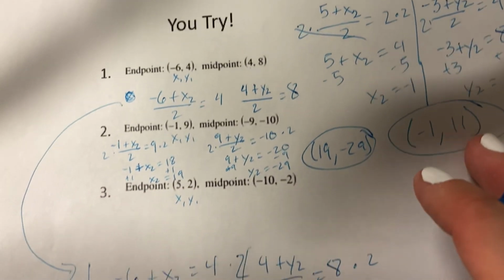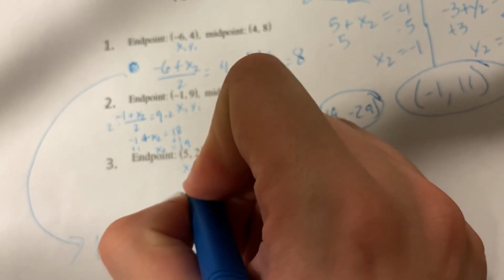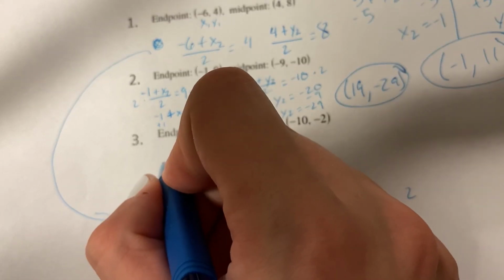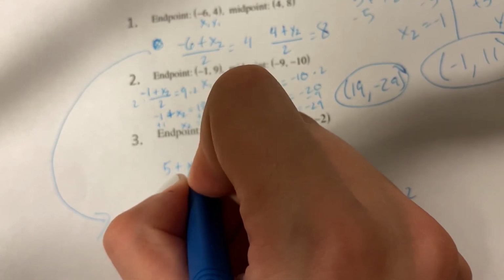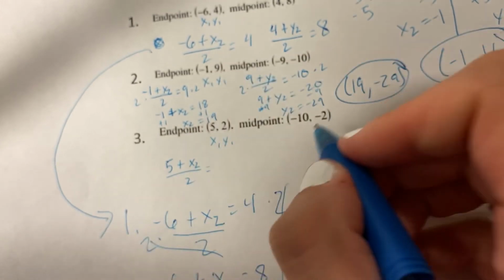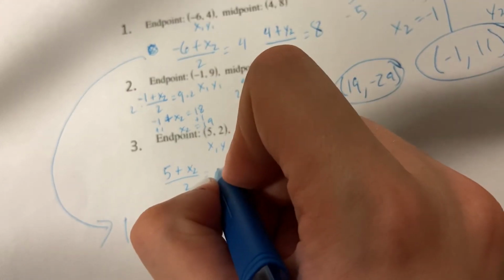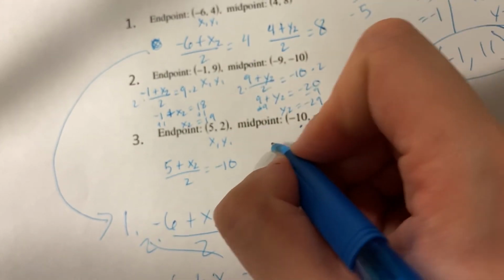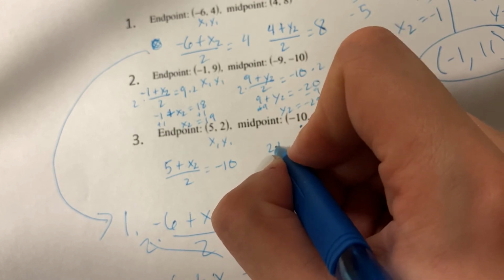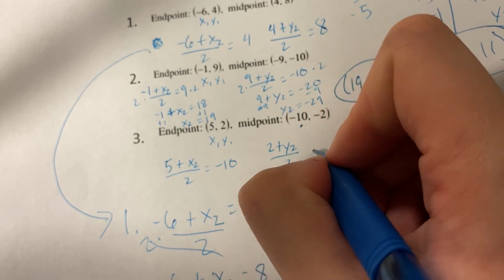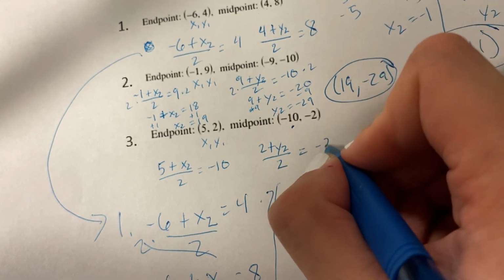Same thing here. We're going to label this x sub 1, y sub 1. So x sub 1 plus the x sub 2 that I don't know divided by 2 should equal my midpoint x, which is negative 10. Then again, 2 plus the y sub 2 that I don't know divided by 2 should equal this y over here.